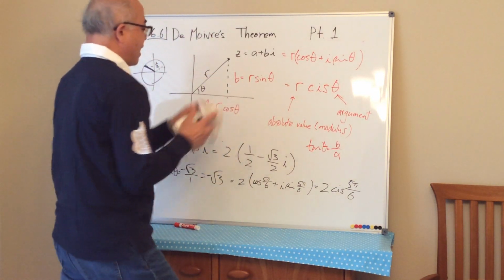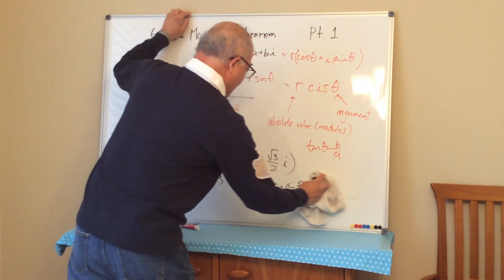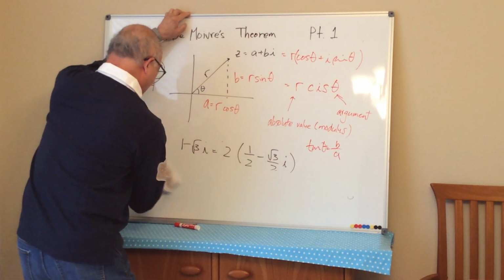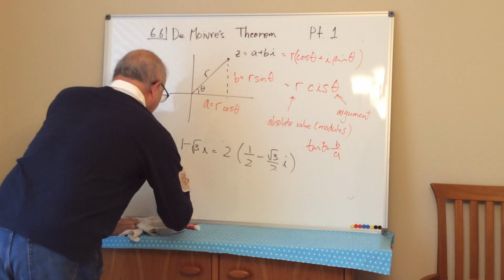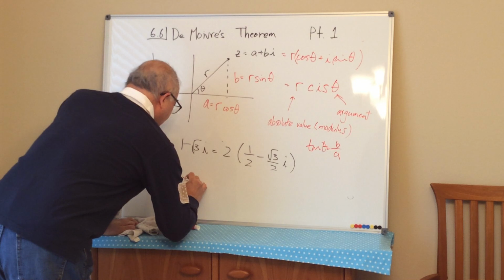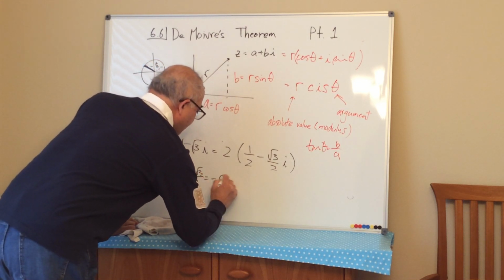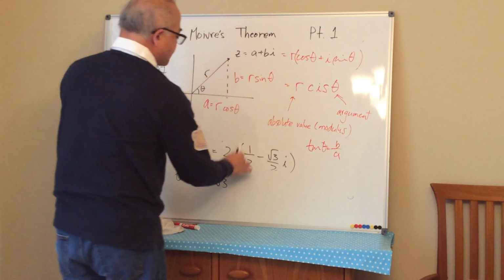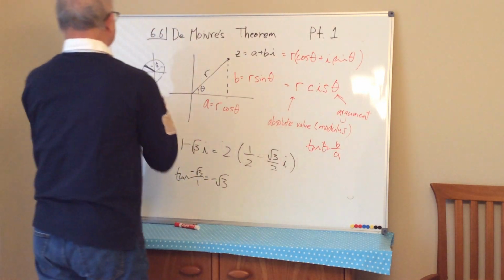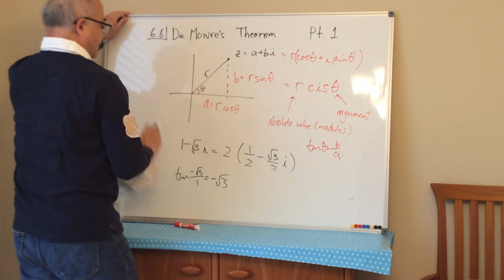Okay, let's go back. We got to tan theta equal to negative root 3 over 1, which was negative root 3. This is the cosine part, so I was wrong here.